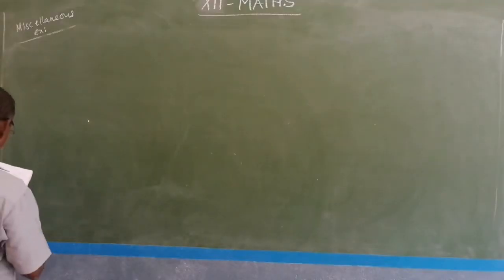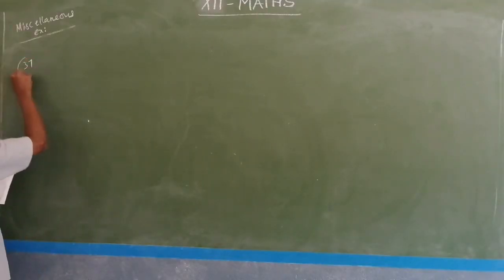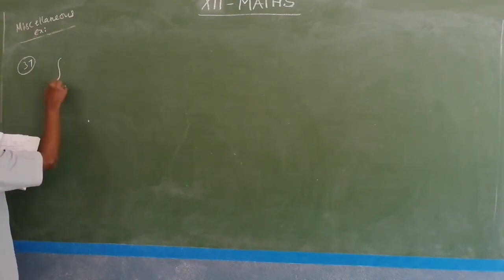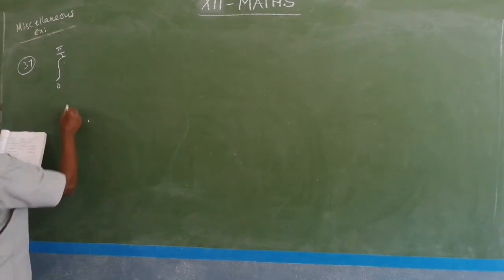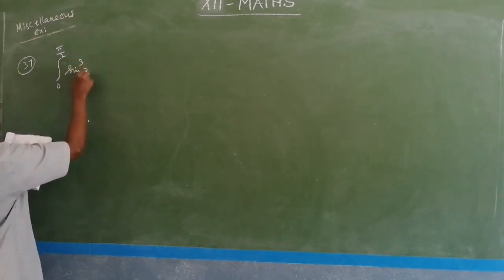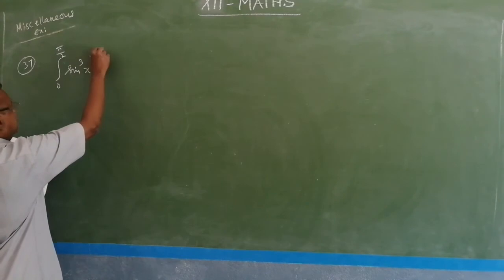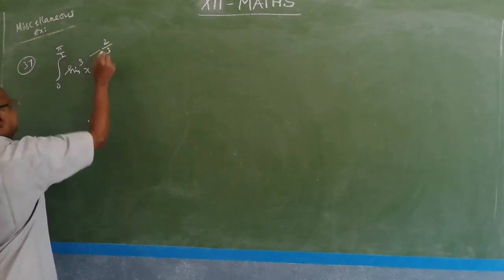Question number 37. Integral 0 to pi by 2 of sin cube x into dx. You have to prove that the value is 2 by 3.